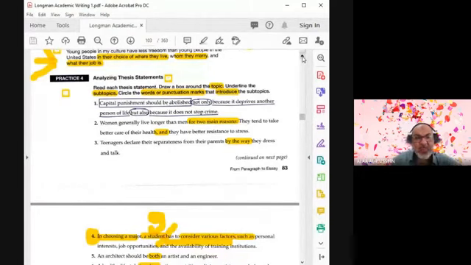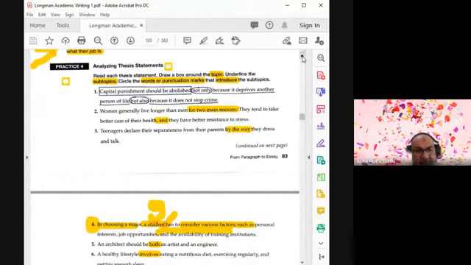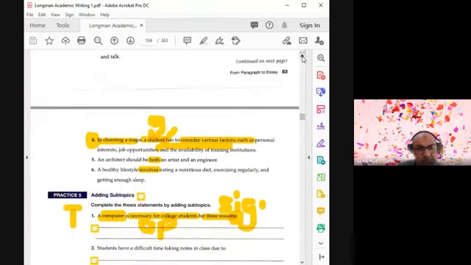لو تجي إلى نشوف لنا example آخر. شوف لي number 5: an architect should be both an artist and an engineer. وطبعا هاي both هو هنا signaling word.